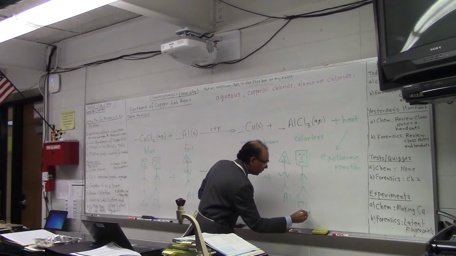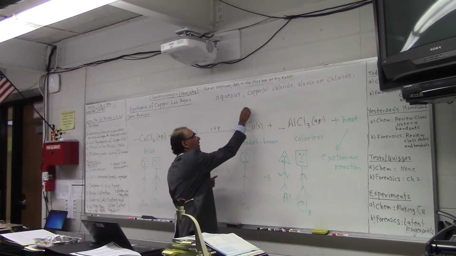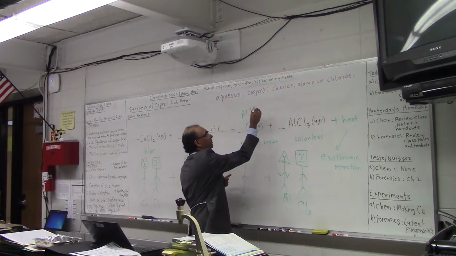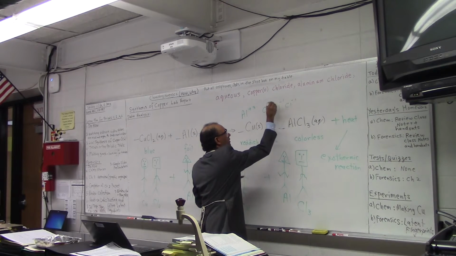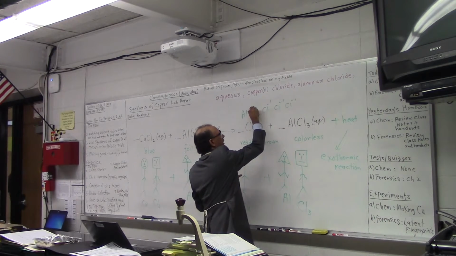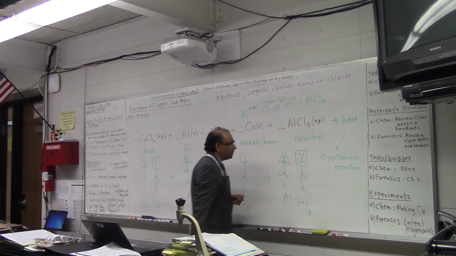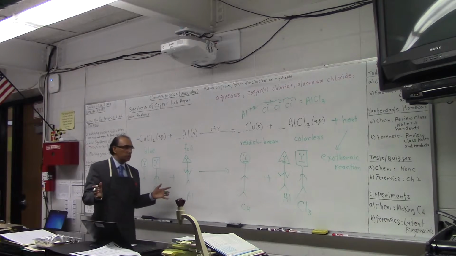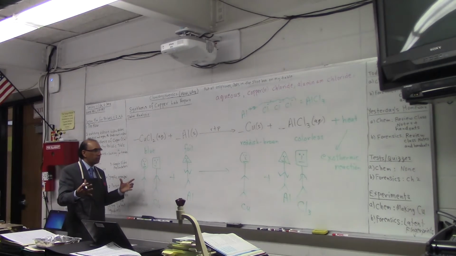Don't forget, your aluminum chloride is AlCl3. So have a discussion with the students regarding how you get that formula: Al3+, Cl-, Cl-, Cl-, 1 negative, 1 negative, 1 negative. So you have 3 positives, 3 negatives. They cancel each other, so you end up with AlCl3. All right, so you're using modeling for the Next Generation Science Standards. Students can actually do this on large sheets of paper. You can do it in a lab report.